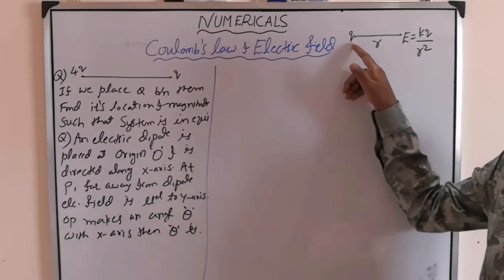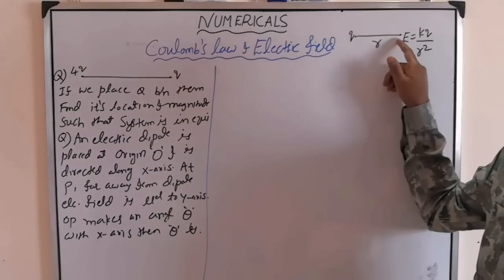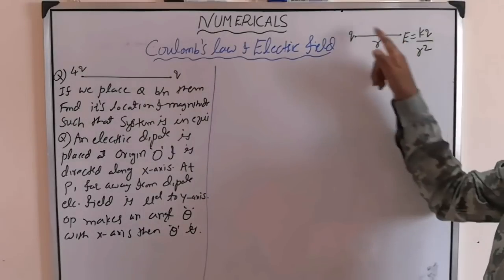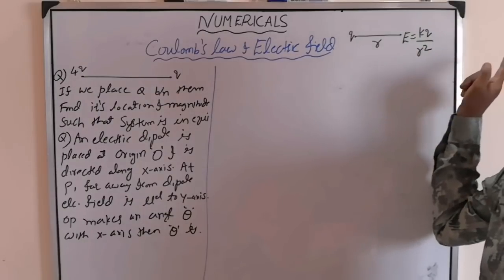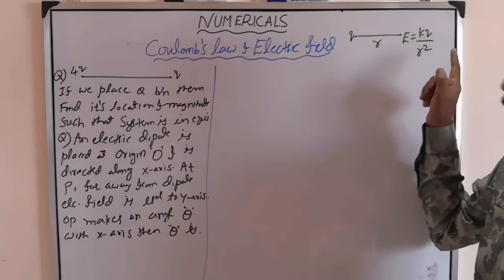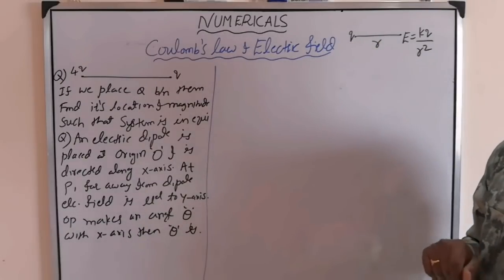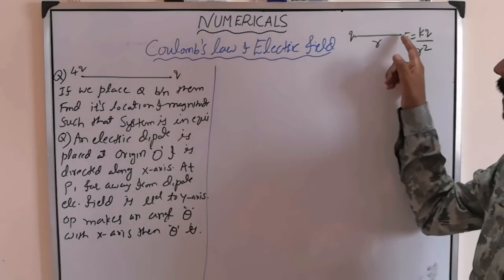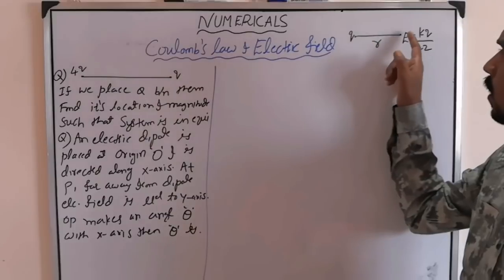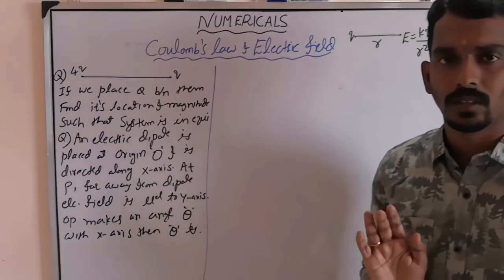If the charge is positive, then the field direction is away from the charge, rightward. If this is negative, suppose minus q, then the magnitude is the same, but the direction of the electric field is towards the charge, leftward.